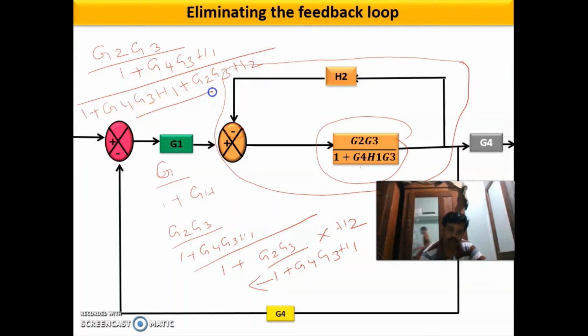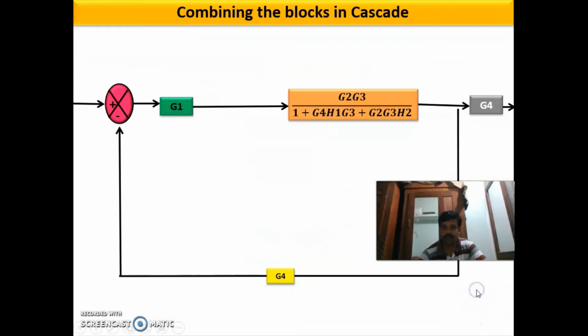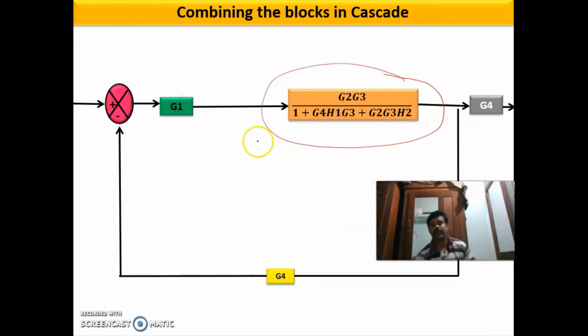The whole is divided by 1 plus G4 G3 H1. So you have to cancel this term and this term. So what you're getting is G2 G3 divided by 1 plus G4 G3 H1 plus G2 G3 H2. I have reduced this term by applying mathematical simplification. I have got this.